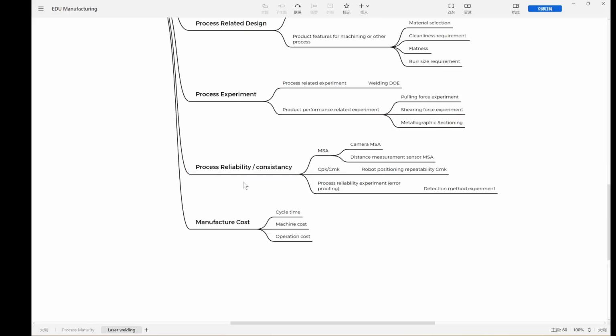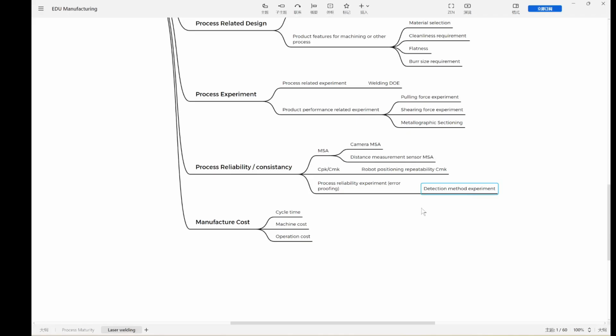And then the process reliability and the consistency. You need to check the MSA of the camera, the MSA of the distance measurement, and you need to check the CPK, CMK to see if your laser source or laser generator is stable enough, and the reliability, error proofing, and you need to make sure of the detection methods experiment.